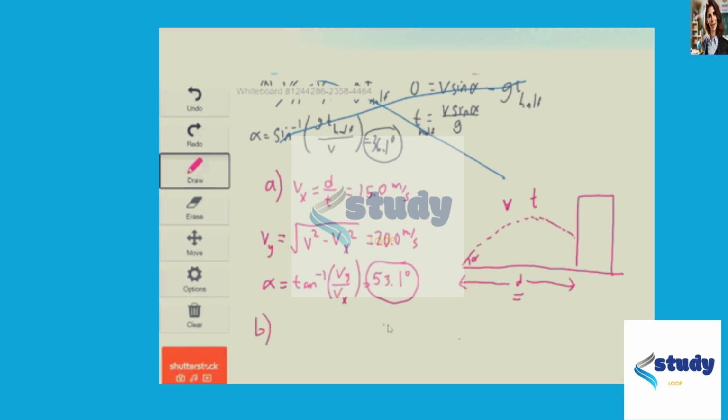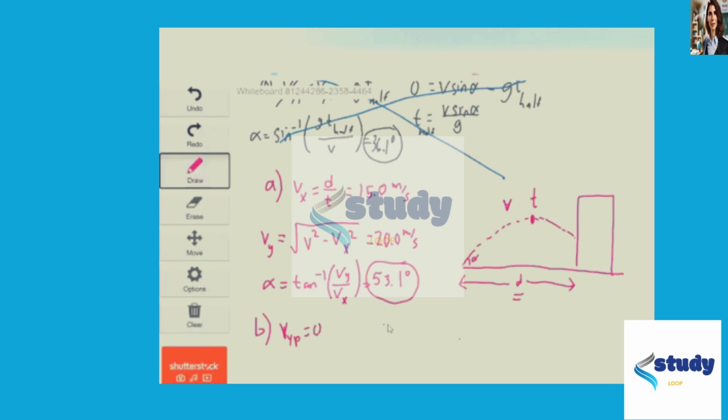Okay, moving on to B. What's the speed and acceleration at the highest point? Well, Vy at the highest point, again, is 0.